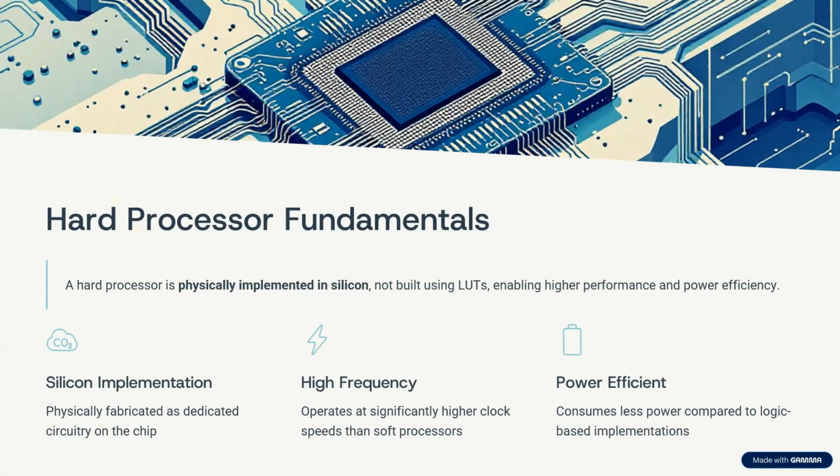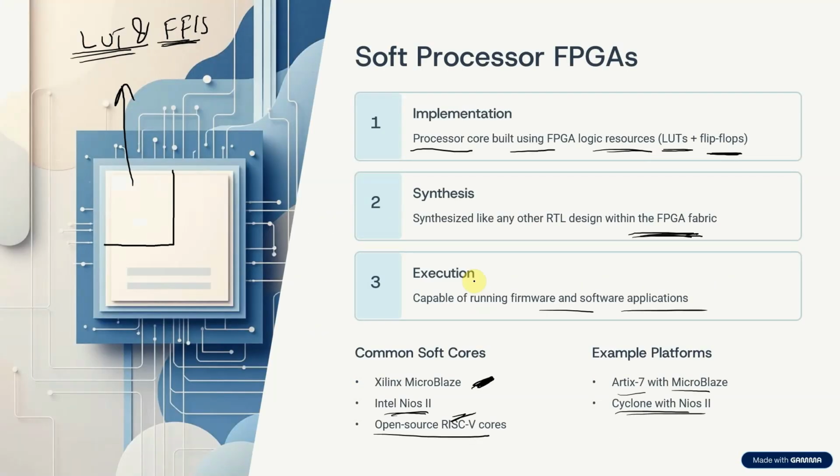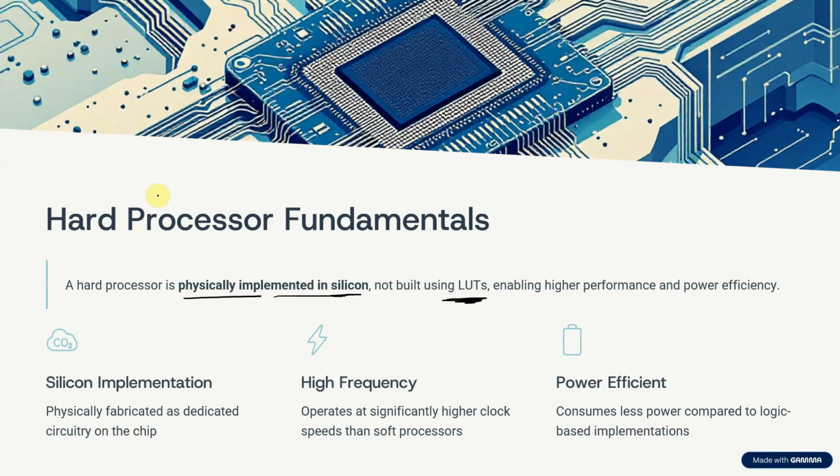Next comes the hard processor. Basically, a hard processor is physically implemented in silicon, not built using the LUTs. In the case of the soft processor, the processor was built using the LUTs, right? But in the case of the hard processor, it is physically implemented in the silicon, and it is used for enabling higher performance and power efficiency.